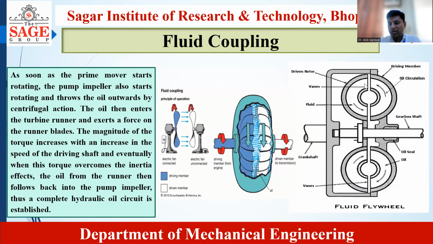When the fluid strikes the outer portion of the turbine runner, it starts rotating, and the fluid travels like this, comes from the center and goes back to the pump impeller, thus completing its hydraulic oil circuit. In this way, the fluid coupling works and power is transmitted from the driving shaft to the driven shaft.